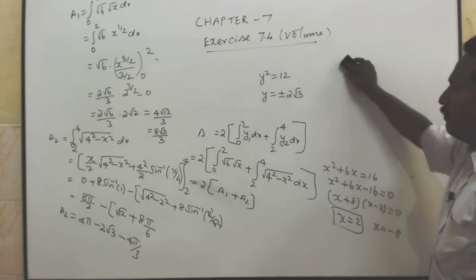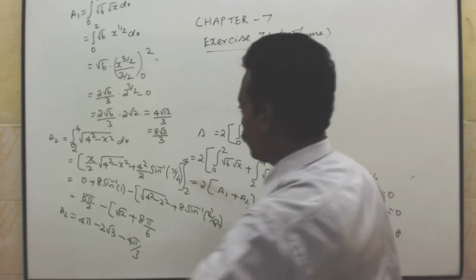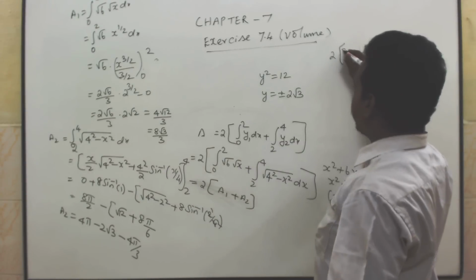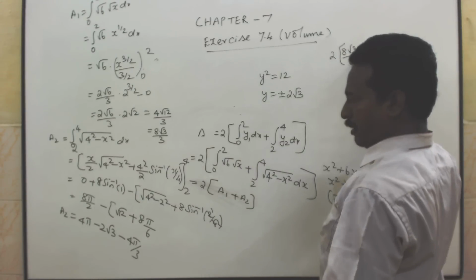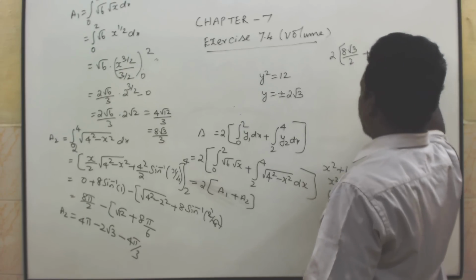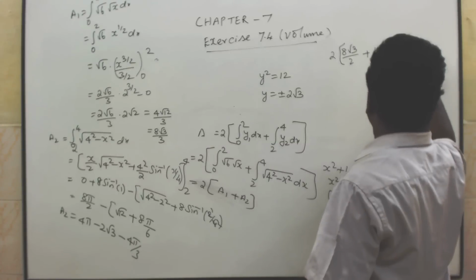The total area is 2 times A1 plus A2. Just I'll erase the diagram. 2 times of, what is A1? That is 8 root 3 by 3. A2 is 4 pi minus 2 root 3 minus 4 pi by 3.